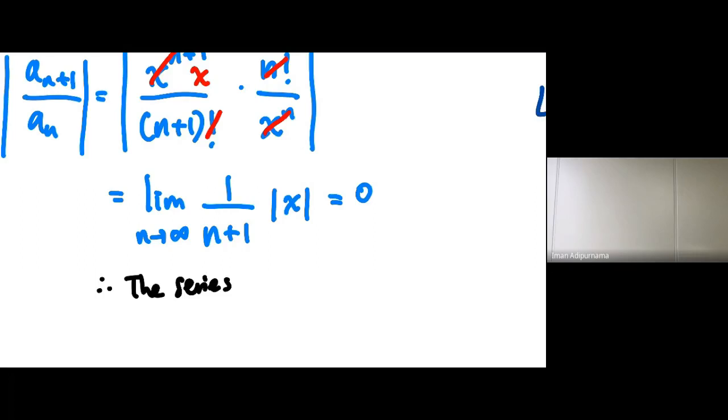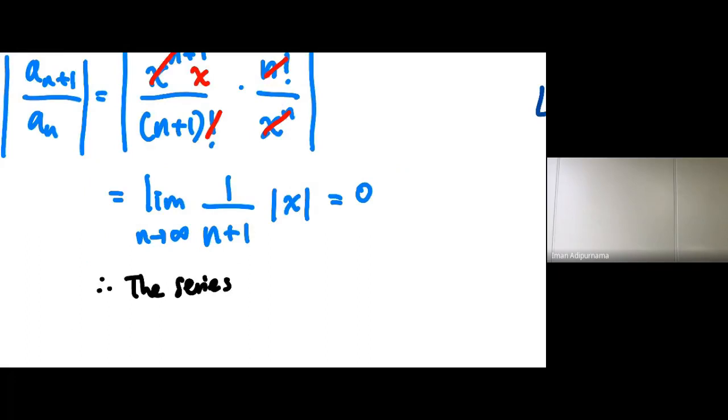Yes, all x. Do you get it? Why is all x true? Because whenever x you put here, the limit as n goes to infinity is 0, so all will be less than 1. So that's why it converges. Okay, get it? That's from section 11.8 or 9.